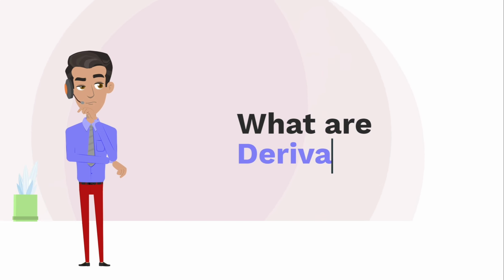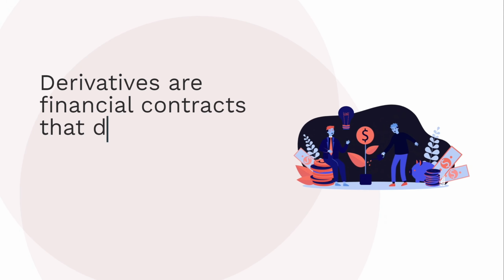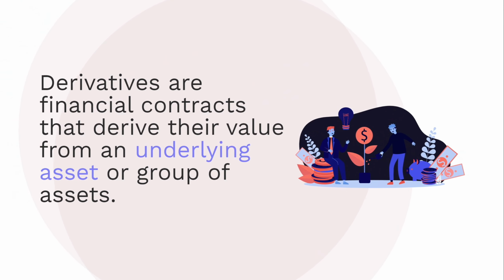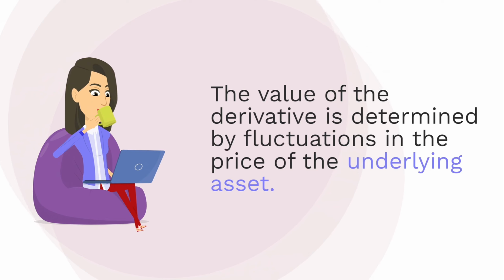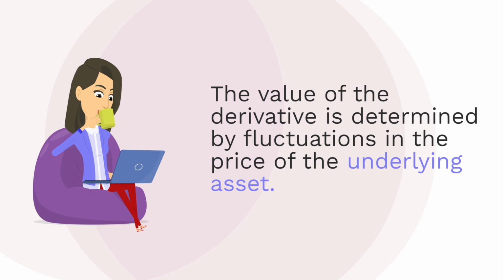What are derivatives? Derivatives are financial contracts that derive their value from an underlying asset or group of assets. The value of the derivative is determined by fluctuations in the price of the underlying asset.